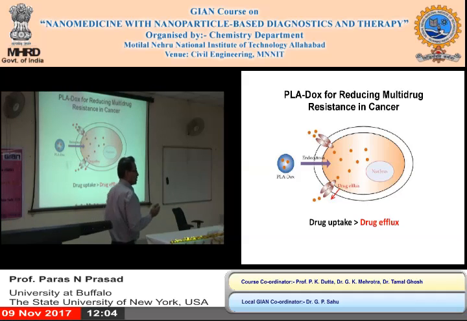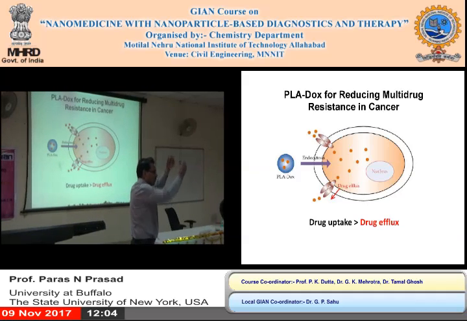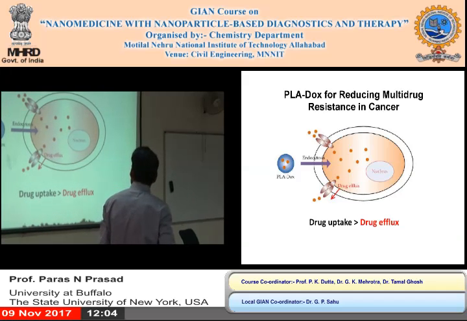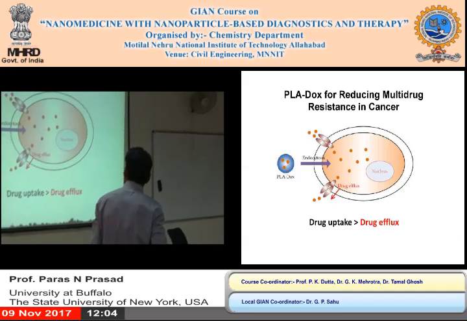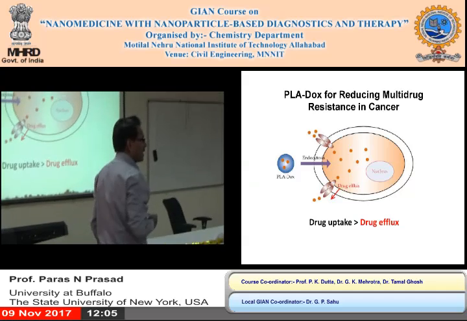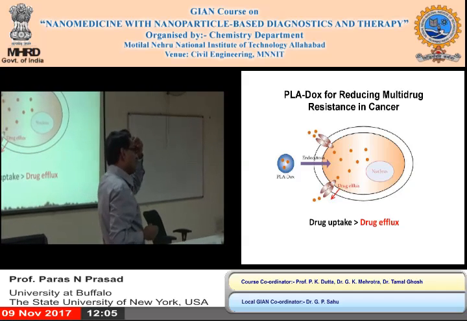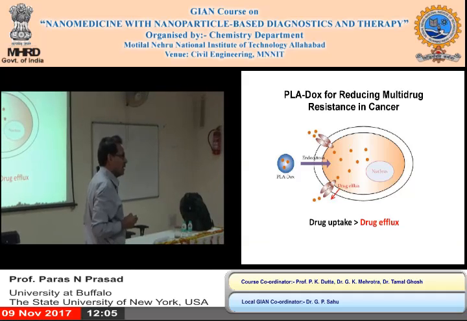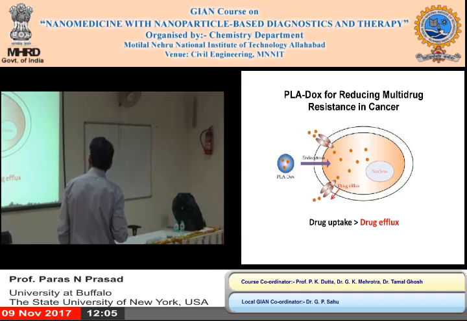Okay? That process of engulfing the foreign object in the cell is what is called endocytosis. And if you have these receptors that grab it and push it inside, then it's called receptor-mediated endocytosis. So cells consume it if it is the right size and has the targeting group.